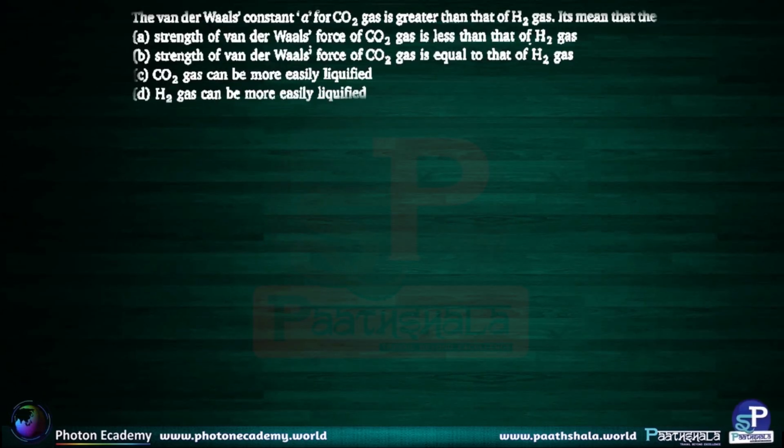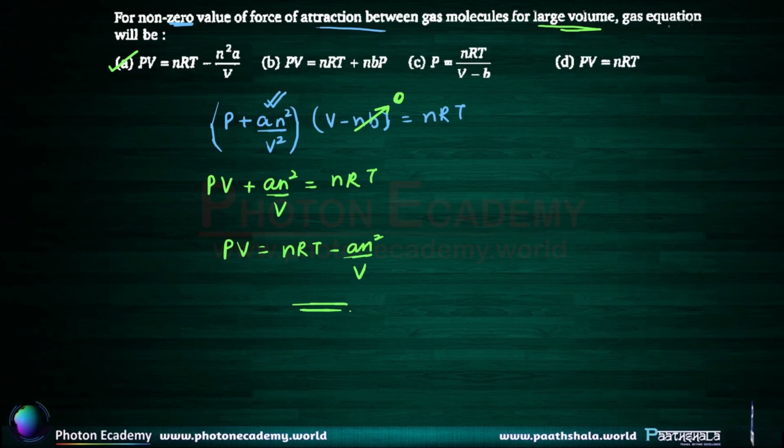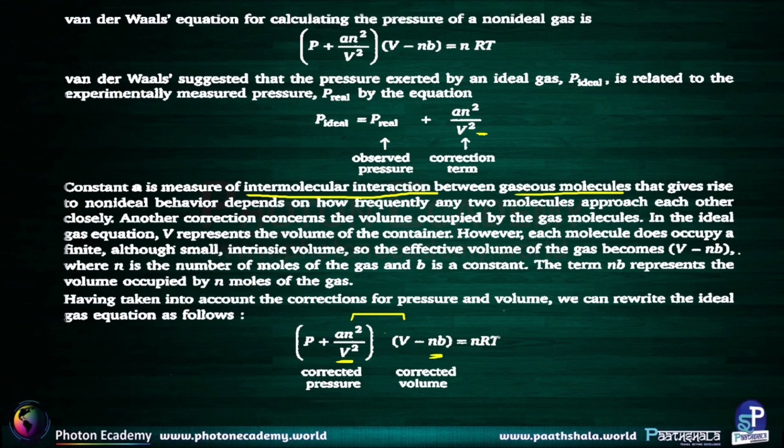The Van der Waals constant a for carbon dioxide gas is greater than that of hydrogen gas. It means that. Now we have been given that a for carbon dioxide is greater than a for hydrogen. If we remember what our passage said, a is a measure of the intermolecular interaction, right?